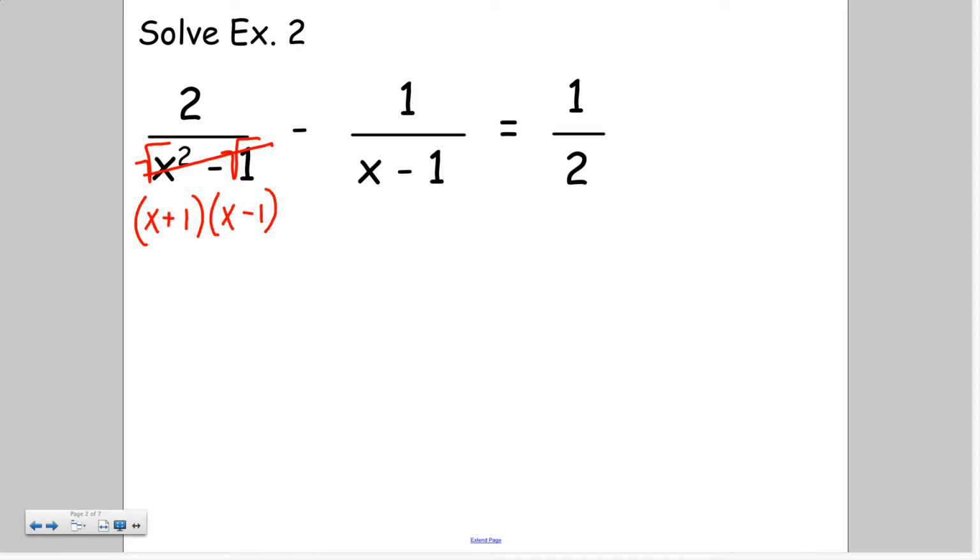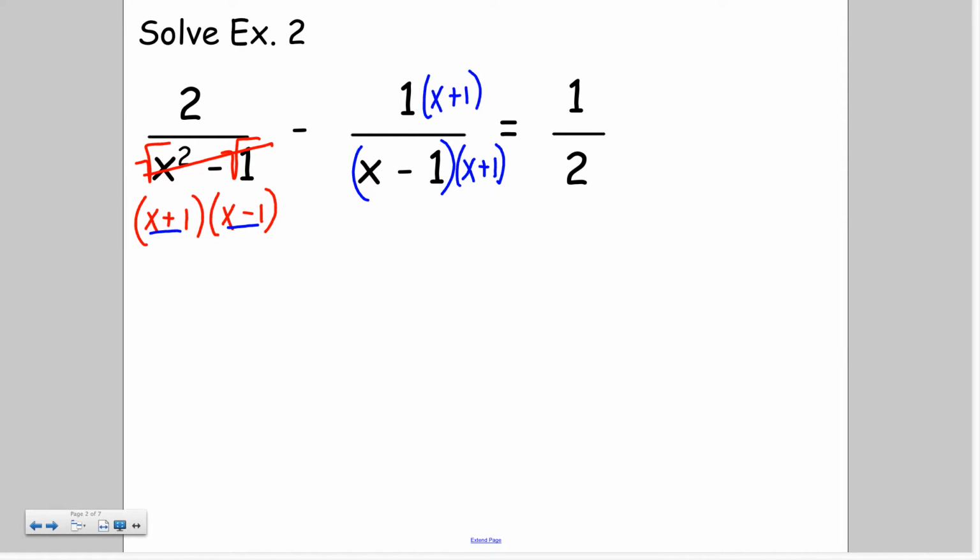Now you should see something in common with some of your denominators. So this denominator I just changed to x plus 1 and x minus 1. If you look at your second denominator, it already has the x minus 1. It needs the x plus 1.